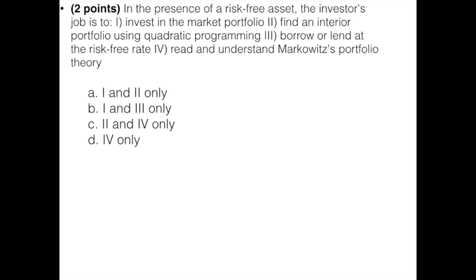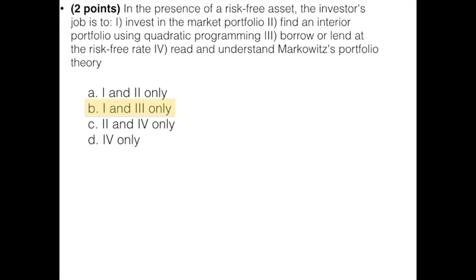In the presence of a risk-free asset, the investor's job is to invest in the market portfolio, find an interior portfolio using quadratic programming, borrow or lend at the risk-free rate, read and understand Markowitz's portfolio theory. Well, think about it. In a perfect world, we said, where we have this lending and borrowing at the risk-free rate, the optimal combination of investment goes by either borrowing or lending at the risk-free rate, and at the same time you invest into the value-weighted market portfolio.